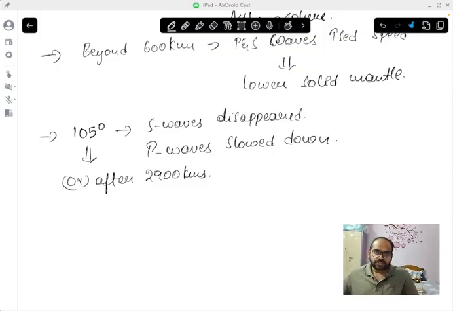Okay, P waves slowed down, indicating it is a less dense material called the outer core. It is liquid in nature.